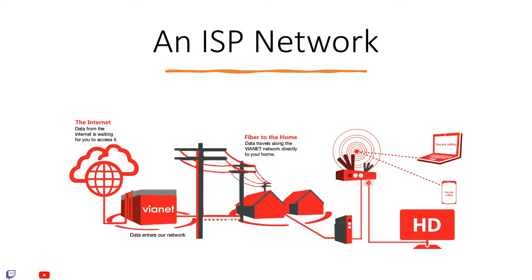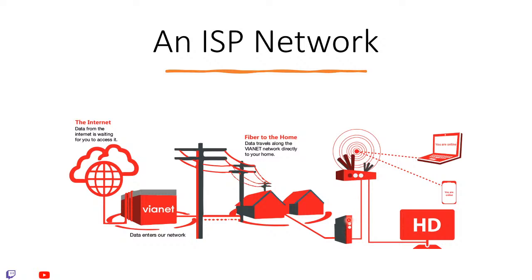The TV is connected with the Ethernet cable, which is the wired communication, and the two laptops and the phone are connected with radio waves known as Wi-Fi, wireless fidelity.